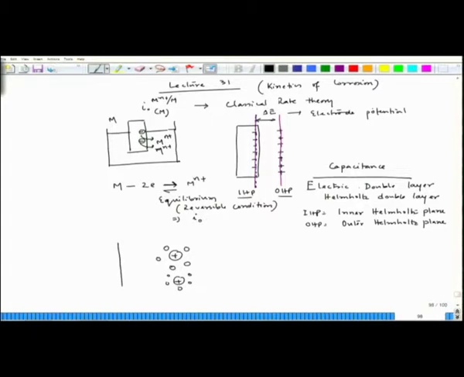On the metal surface, since there are negative charges, the water molecules would get attracted depending on what charges are there on the metal surface.